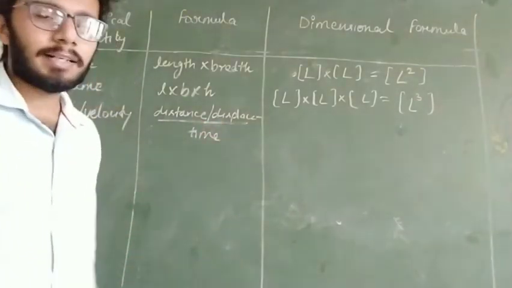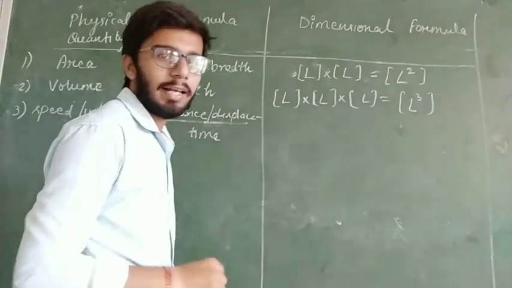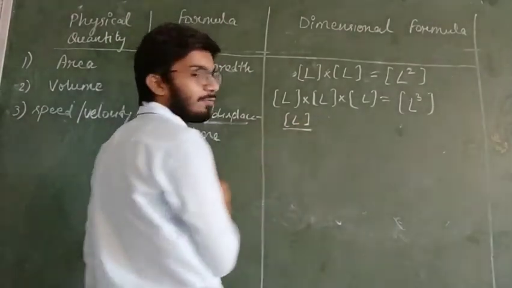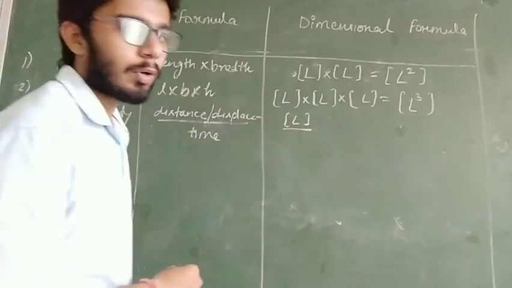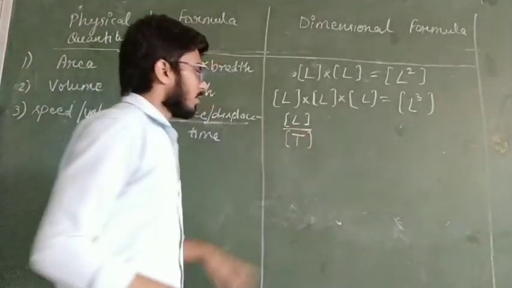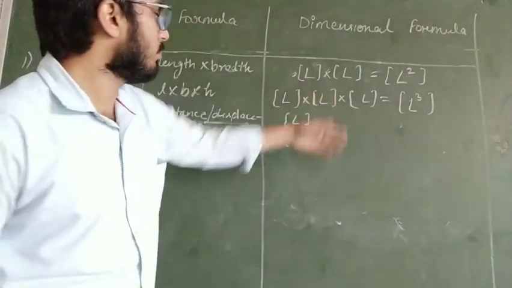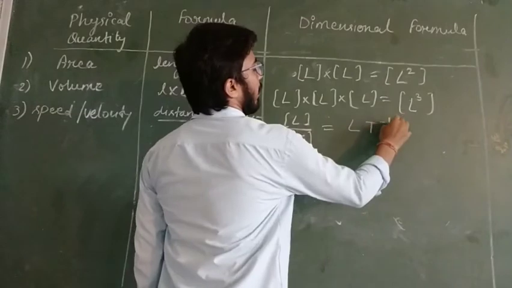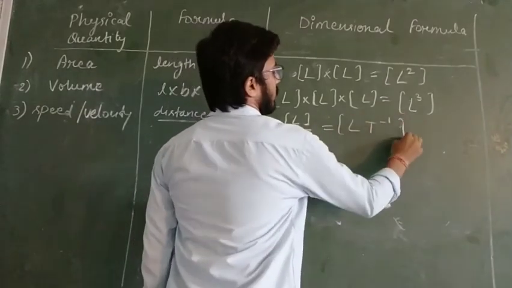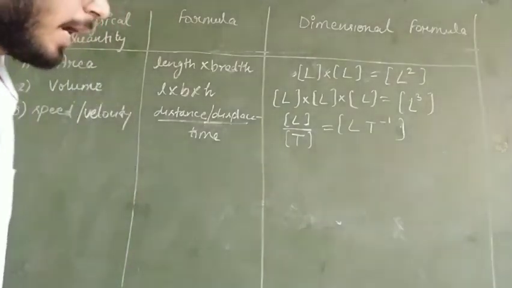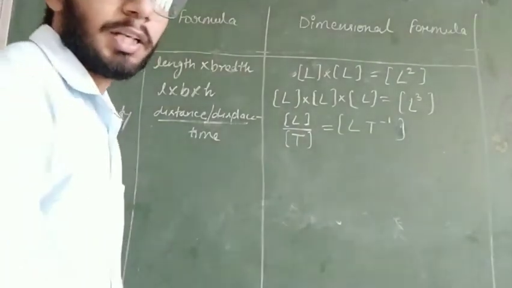Distance is a length, so we write L, upon time T. This T will come in the numerator, so L T to the power minus 1. So [LT^-1] is the dimensional formula for speed and velocity both.